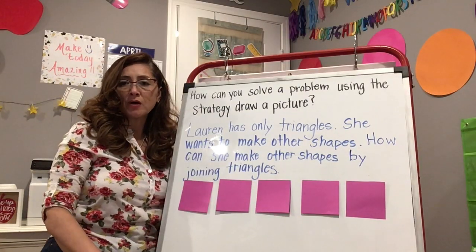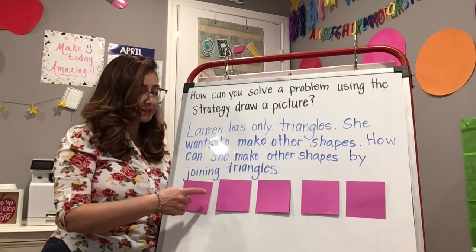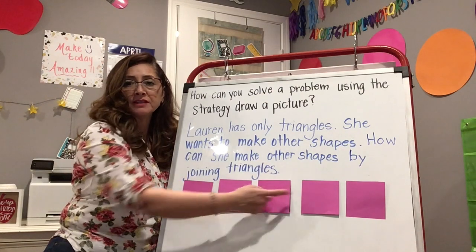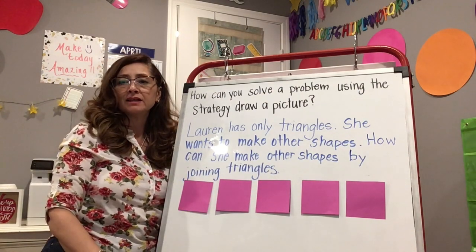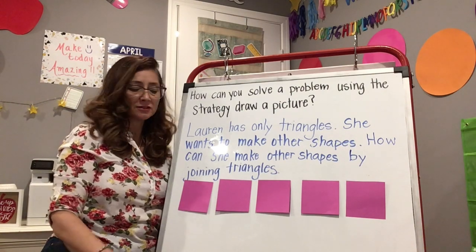Let's try one more problem, boys and girls. Let's see if we can take some of these squares or all of these squares to make a larger square. Yes, that's right.